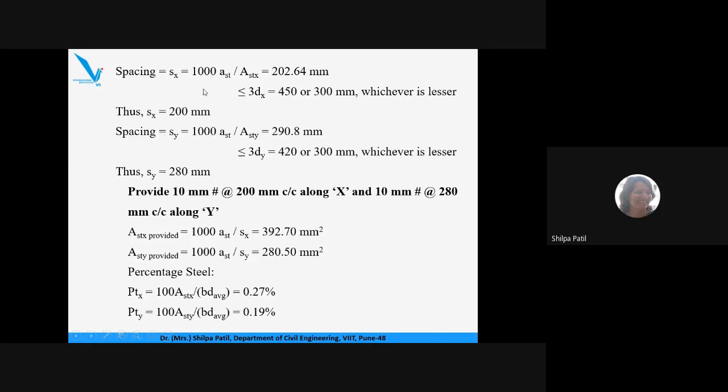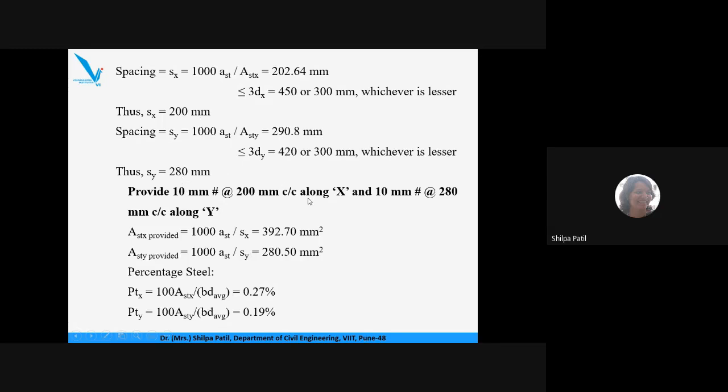Spacing along X direction Sx and along Y direction Sy, in both the directions we are providing main steel only. So Sx and Sy, both these values are calculated here by considering the corresponding area of the steel calculated in the earlier step, and Sx, Sy are coming as 200 mm and 280 mm.